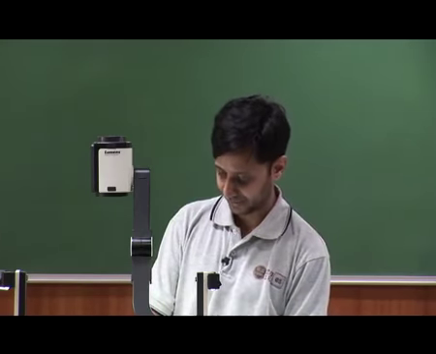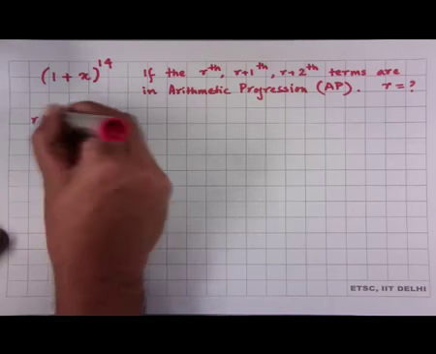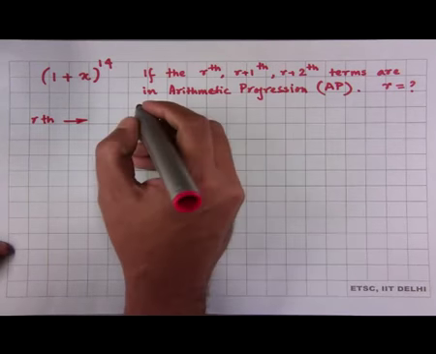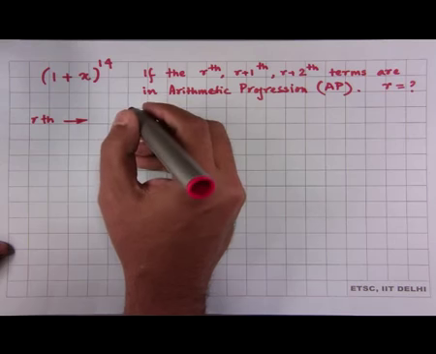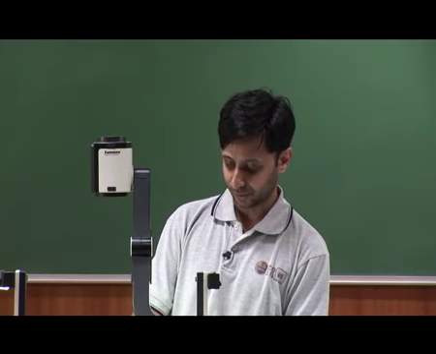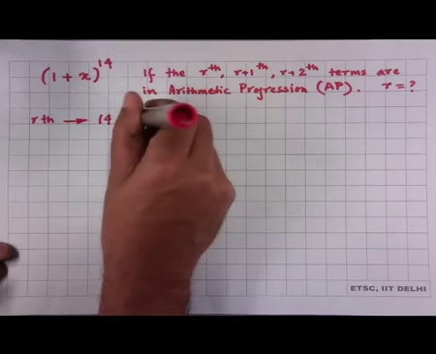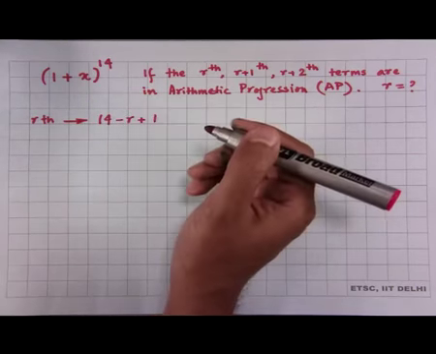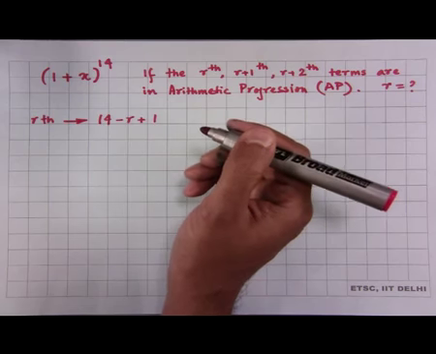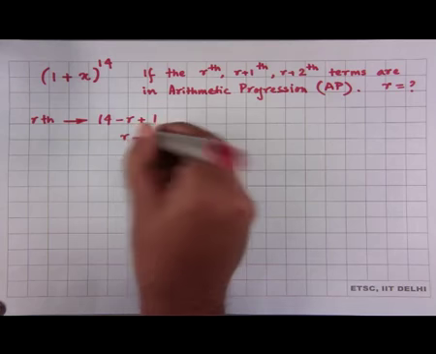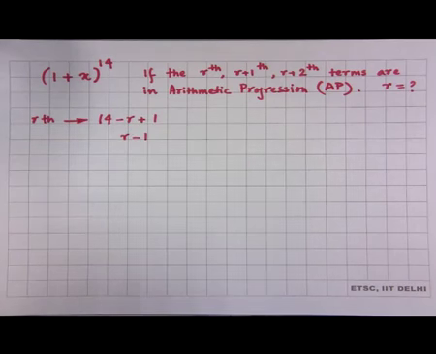So, the rth one is you choose how many ones? The rth term you are going to choose 14 minus r plus 1 ones, and how many x's? You are going to choose r minus 1 x's.